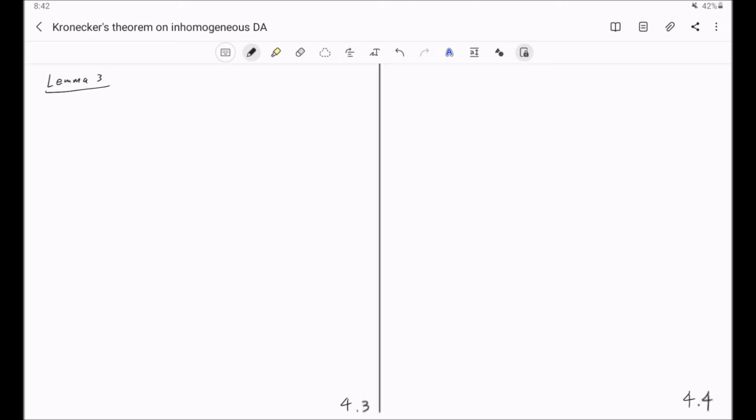So lemma 3 states that, here is my reformulation of the statement in the book.